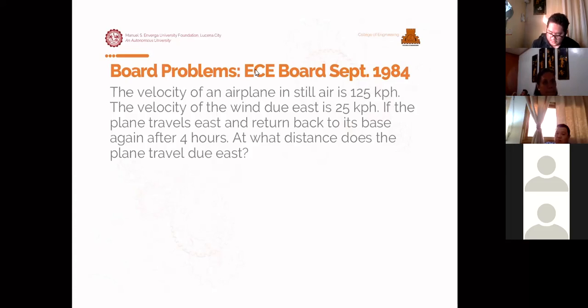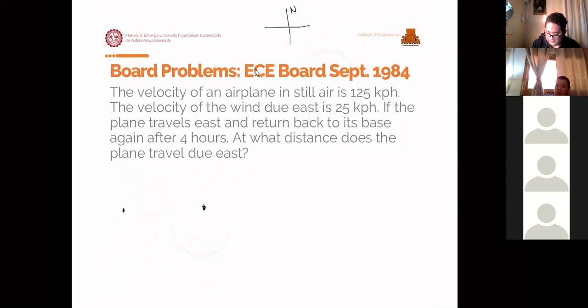So, we have 2 points again. Pero ngayon, sa compass natin, west, south, no? Due is yung direction ng wind natin. If the plane travels east, so parehas ulit ng return back to its base after 4 hours. Okay?